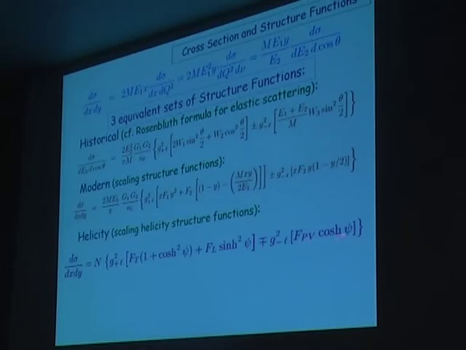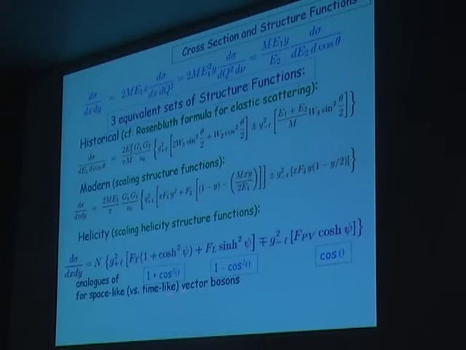So this formula looks very much like E plus E minus, or Drell-Yan, emphasizing the same underlying structure. And these functions all have scaling behavior, and that's why I like it so much. Just to remind you, these are the analogs of these factors for E plus E minus, for time-like vector bosons.